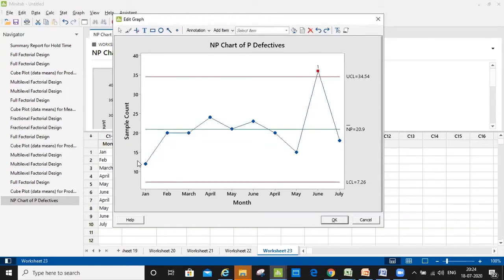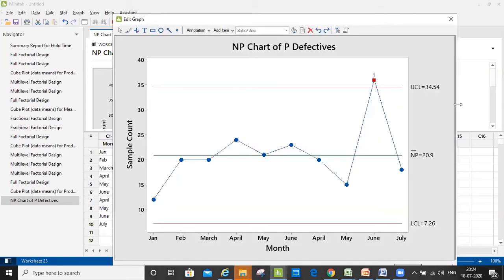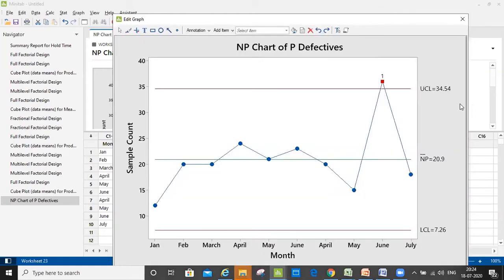The other data points that you can see from January till July, barring June, are all within control limits. So this is what my control chart tells me: what my lower control limit is, what my upper control limit is, and which data point is outside the control limit.